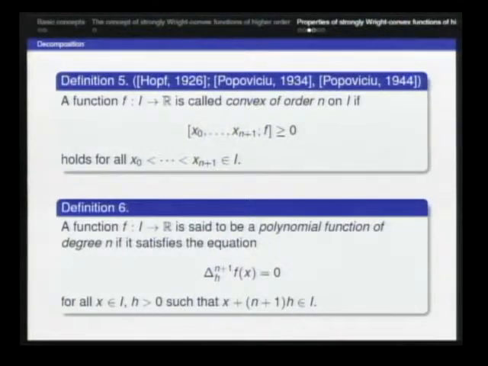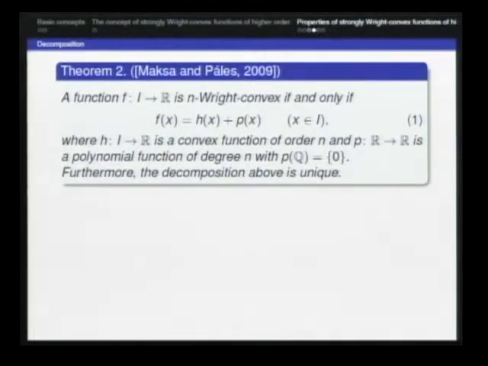To formulate and prove our theorem, the decomposition theorem of Gyula Maksa and Zsolt Páles will be useful for us. They proved the decomposition of n-right convex functions using convex functions of higher order and polynomial functions of higher order.